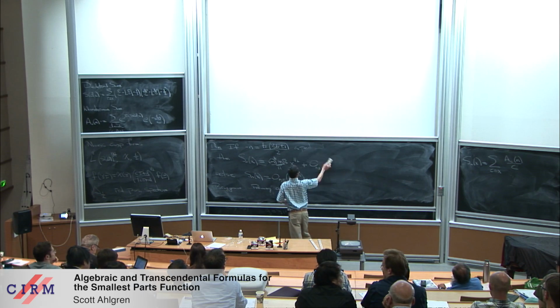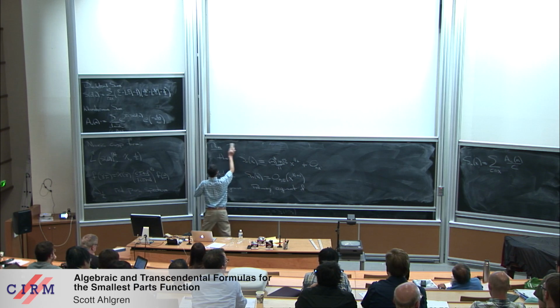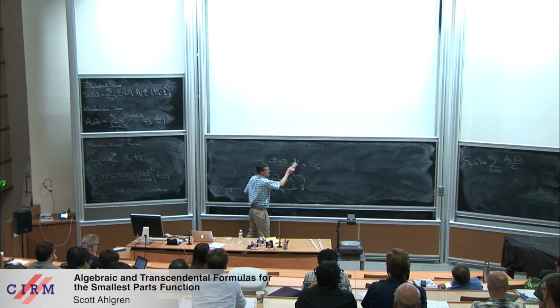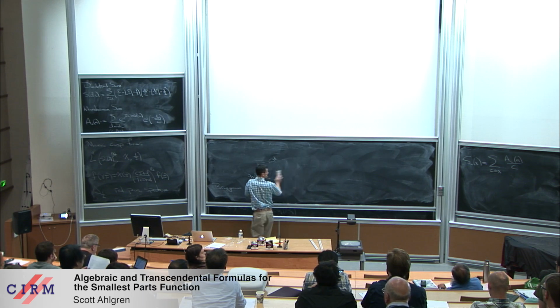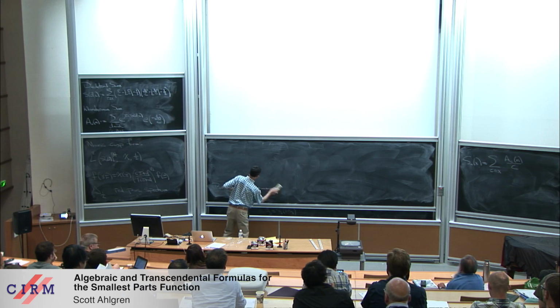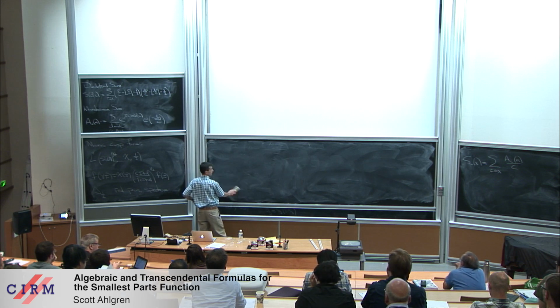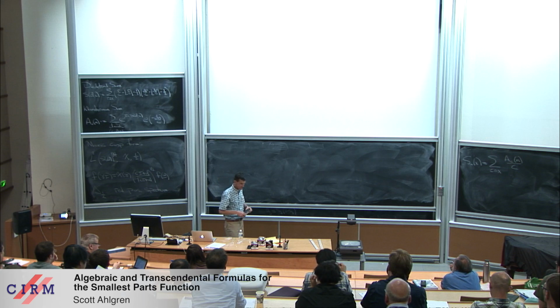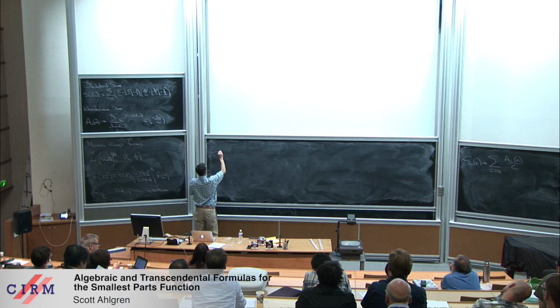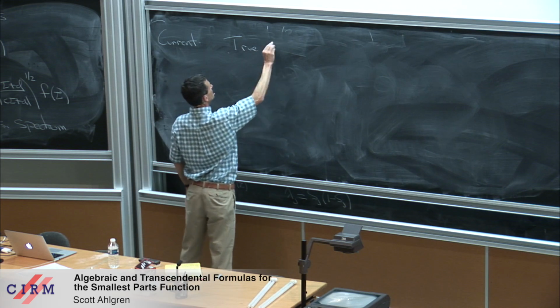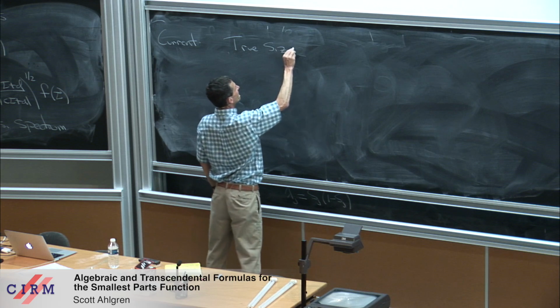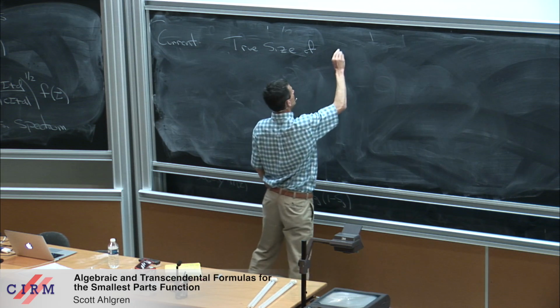I think it's clear from the pictures that the correct exponent is probably not 1/6. And so one of the things we're thinking about now, a current question, is what the true size of S_n of x is.